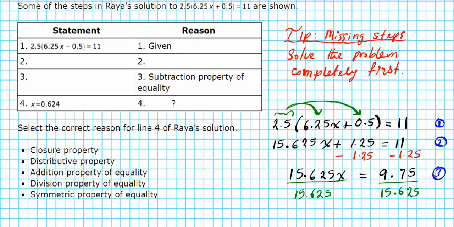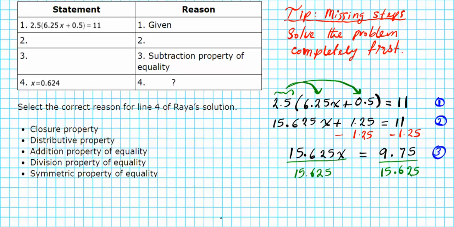And then just enter this in your calculator to compute the right side here, the quotient. On the left side, the 15.625 is divided out, so you have x equals, and when we enter this into your calculator, you have 0.624.